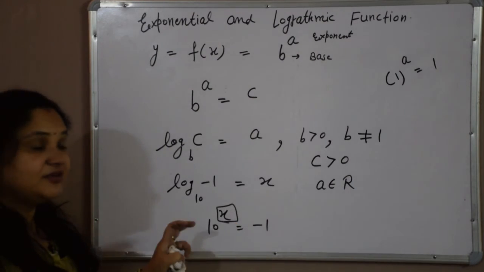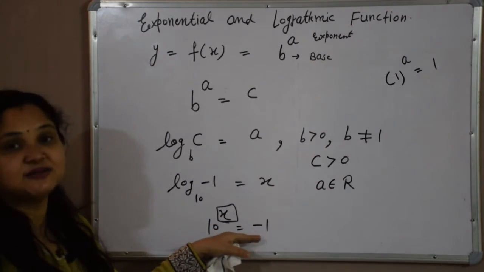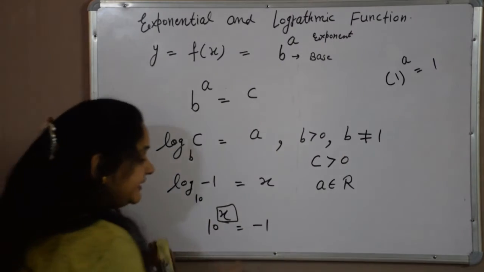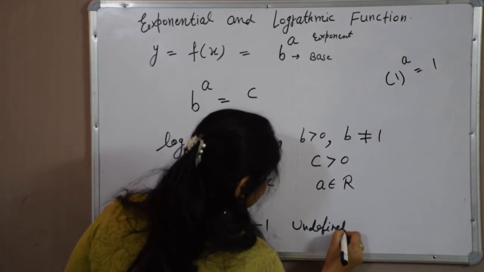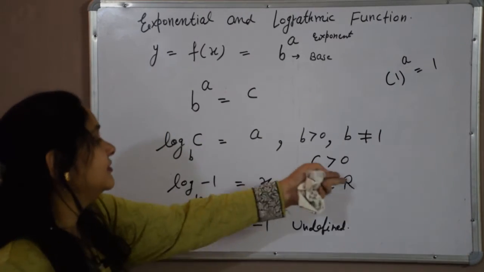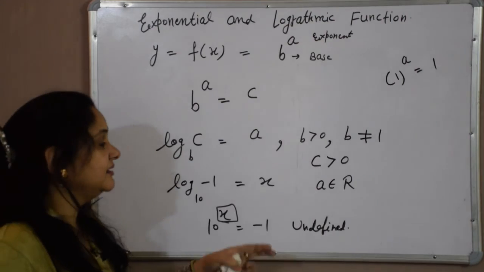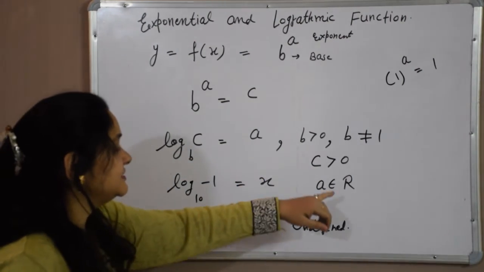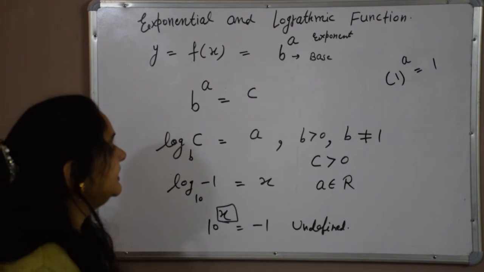We can never find such an x which will make 10 raised to power x equal to minus 1. So this is undefined, impossible. That's why we are deleting this possibility, and we are already saying in the condition that c should be greater than 0. c is always greater than 0. a belongs to R, a can contain any value.